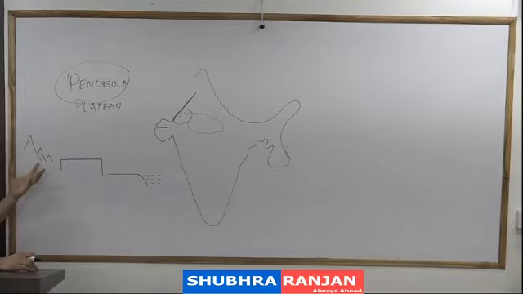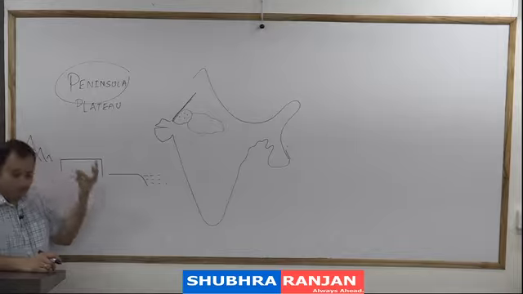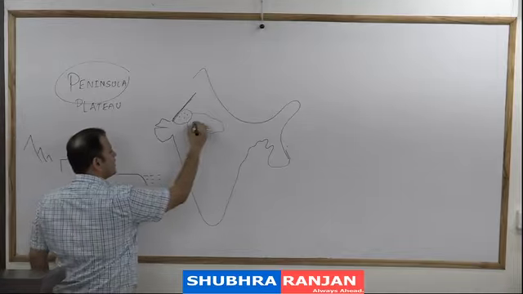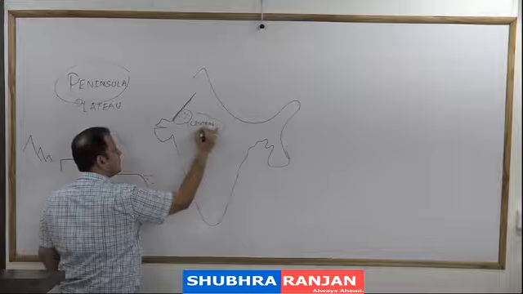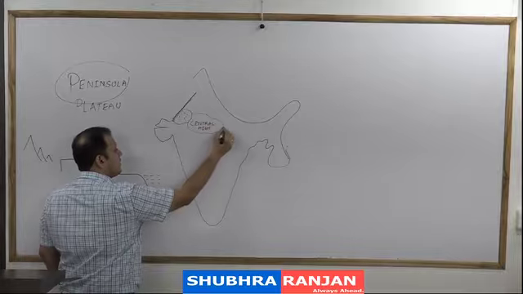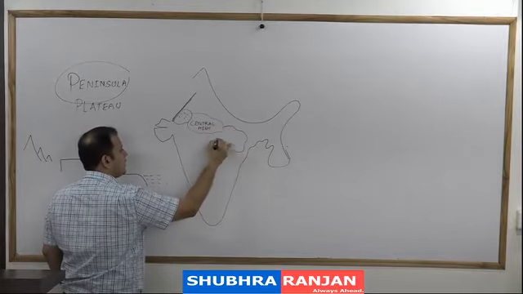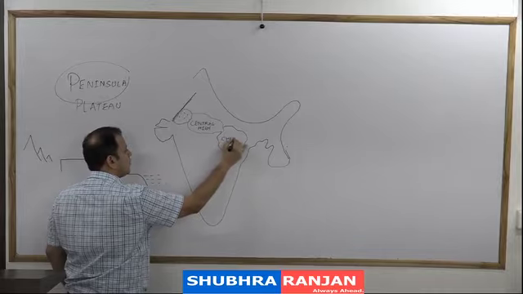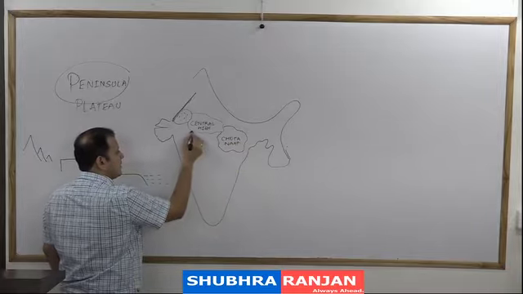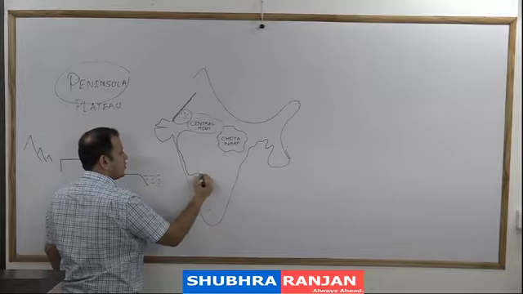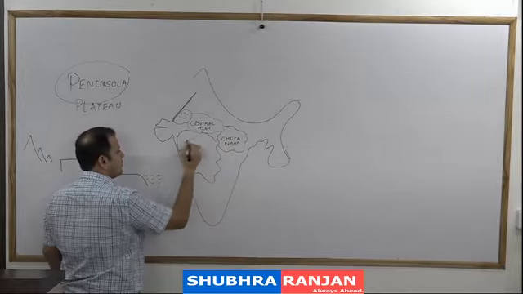So peninsula is an example of plateau, and peninsular plateau mein this part of India is known as in central highlands. This part of India is known as in Chota Nagpur Plateau. This part of India is known as an Maharashtra Plateau.